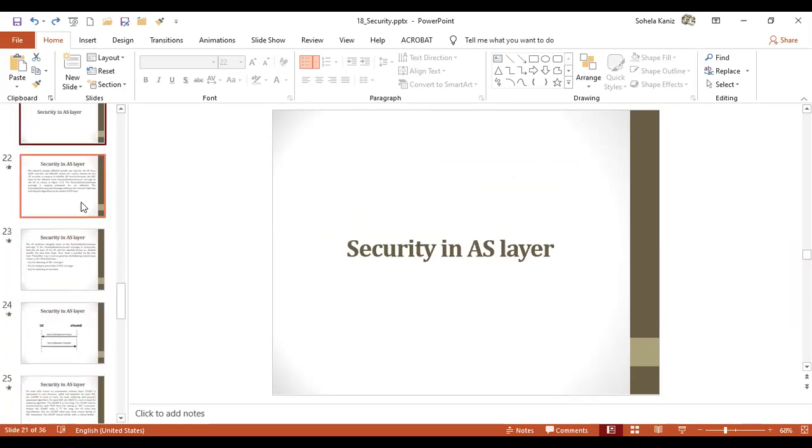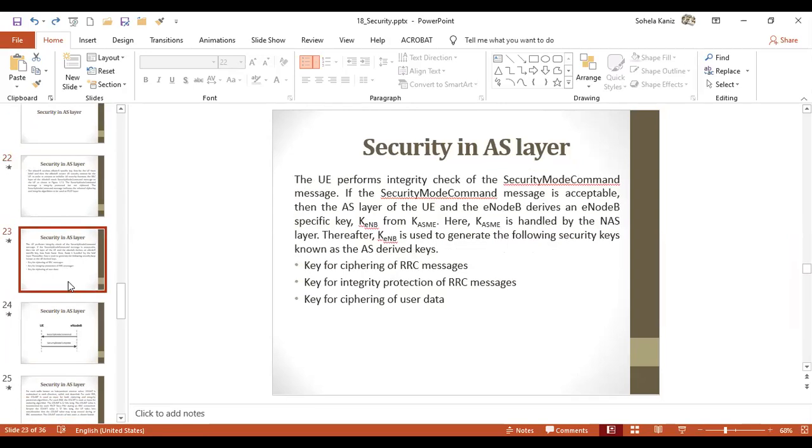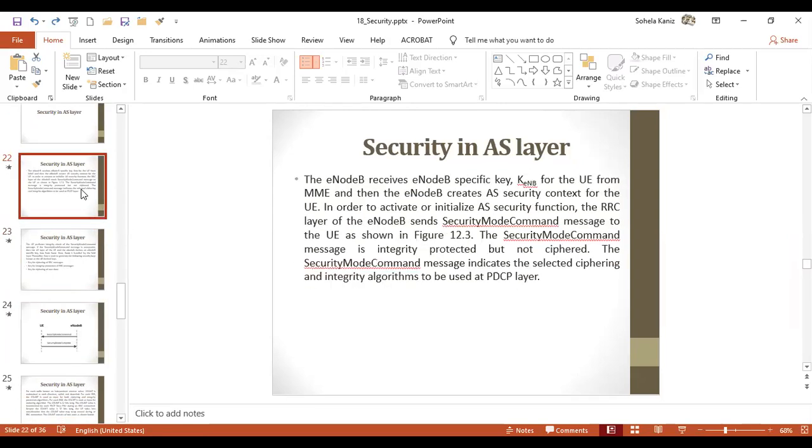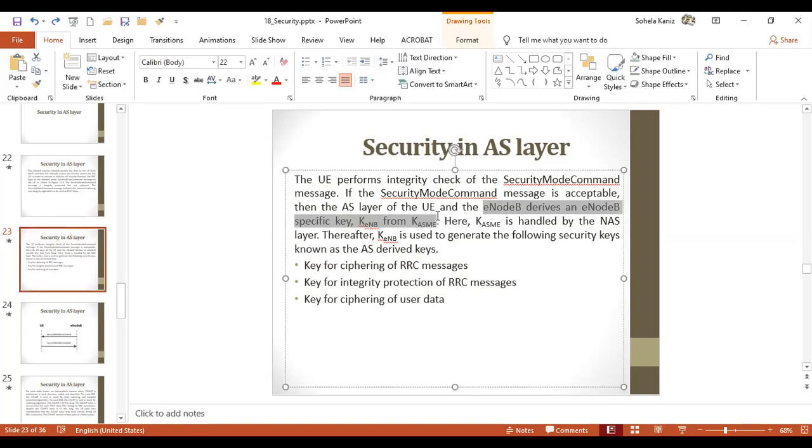So let us move to the AS layer. The eNB derives a key. You can see the security slides, right, guys?